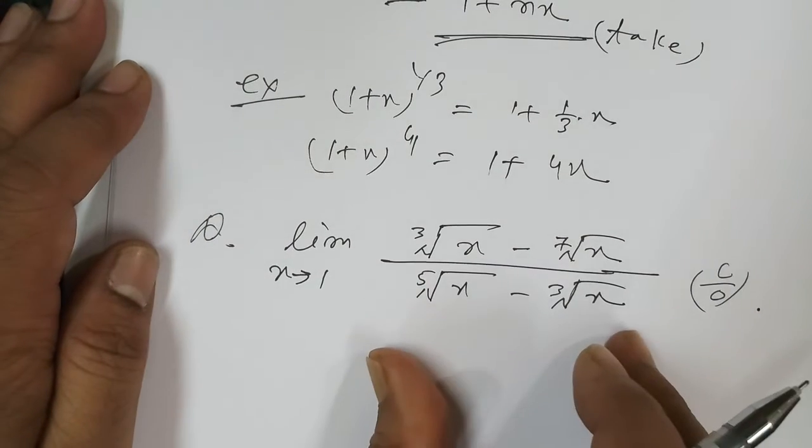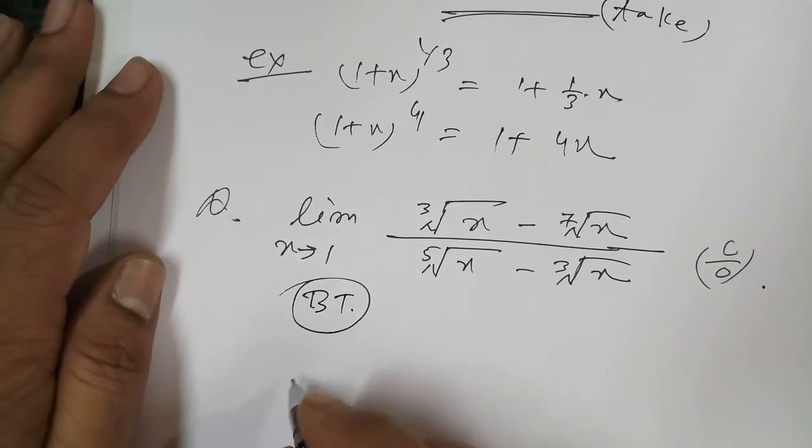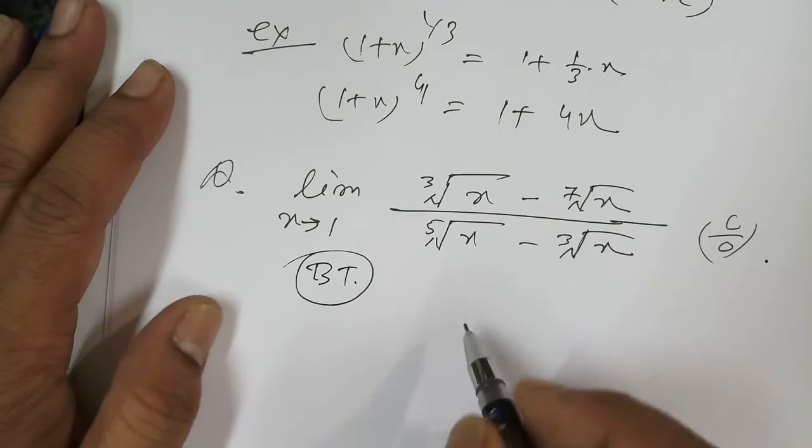So this is BT, binomial theorem. Using binomial theorem, I will show you how it is possible.